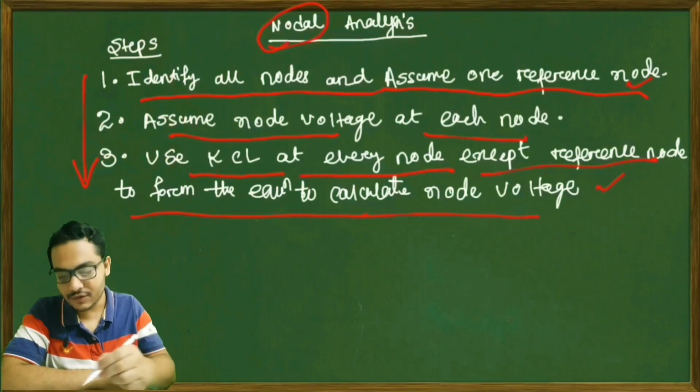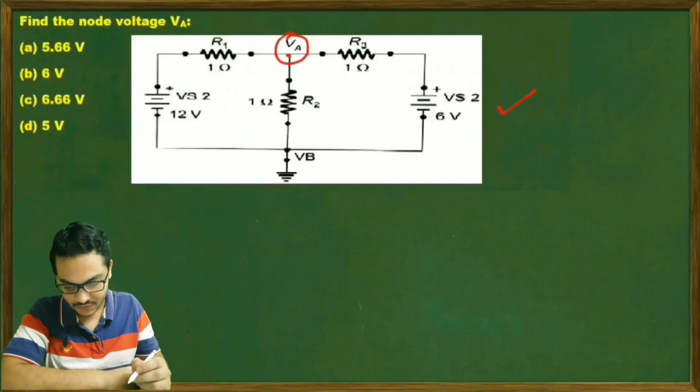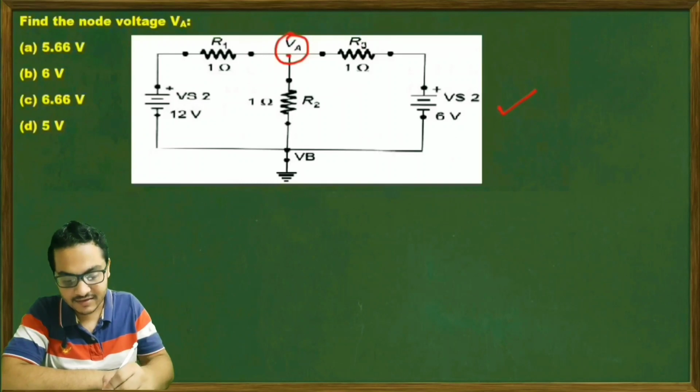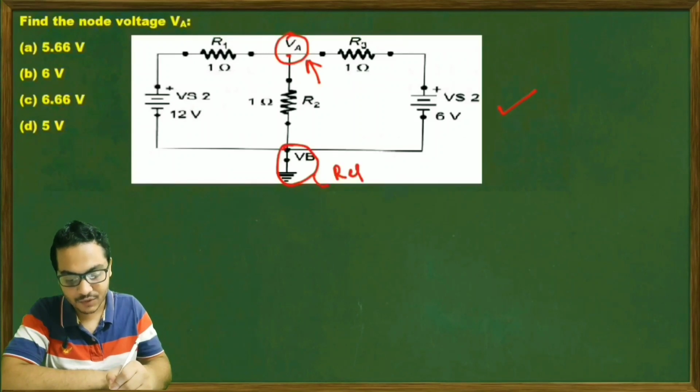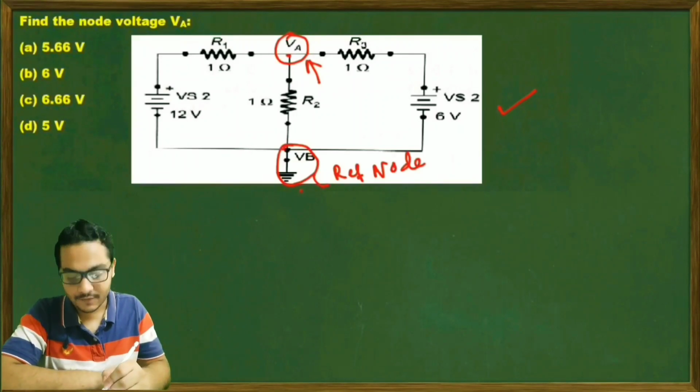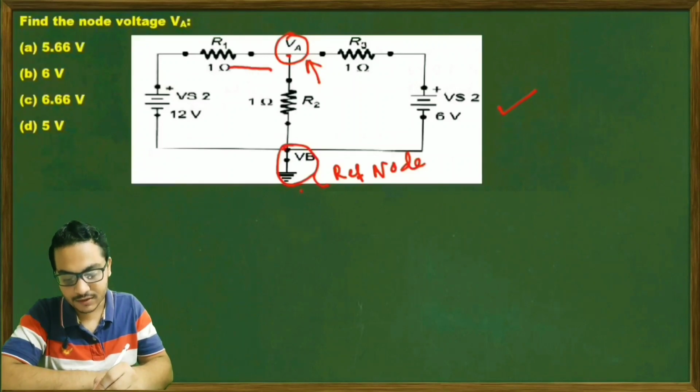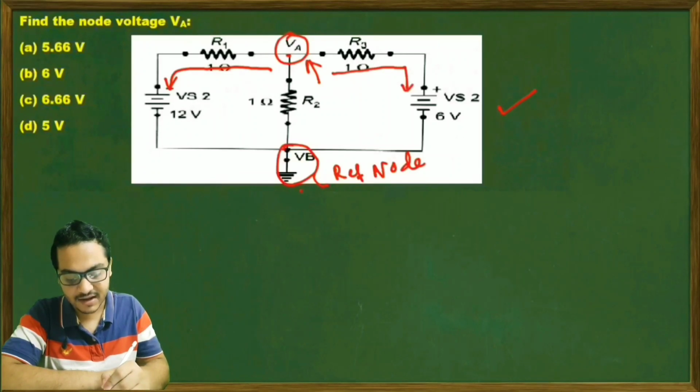Now let's switch to the question. In this question there is a main node and there is another node which will be treated as the reference node. Assume this node to be the reference node. For the time being, let's assume the current flows in this branch like that, in this branch like that, and in this branch like this.